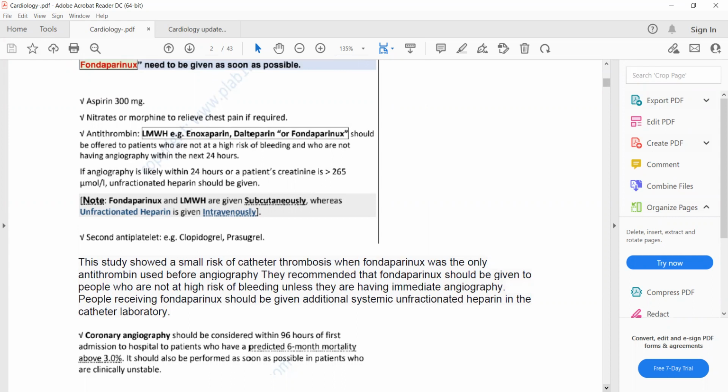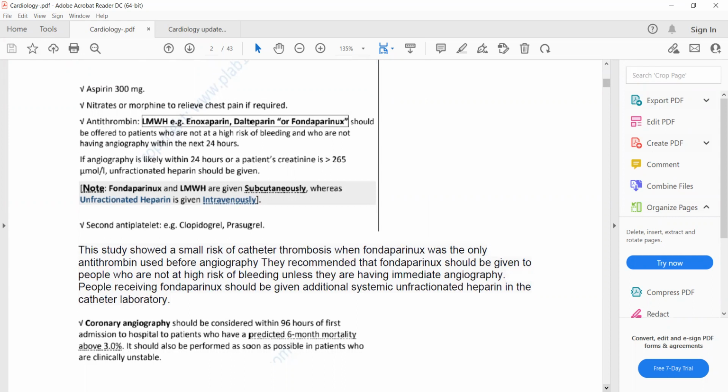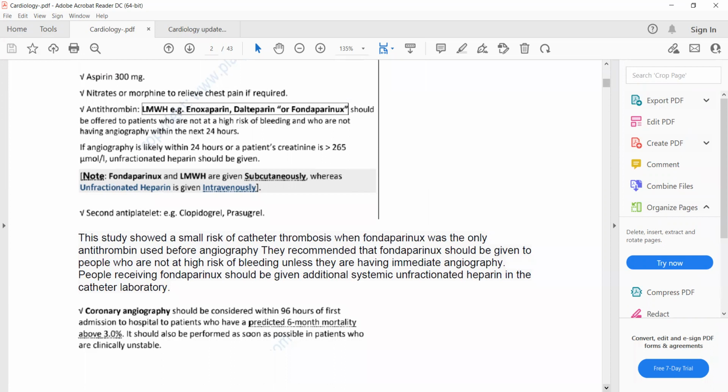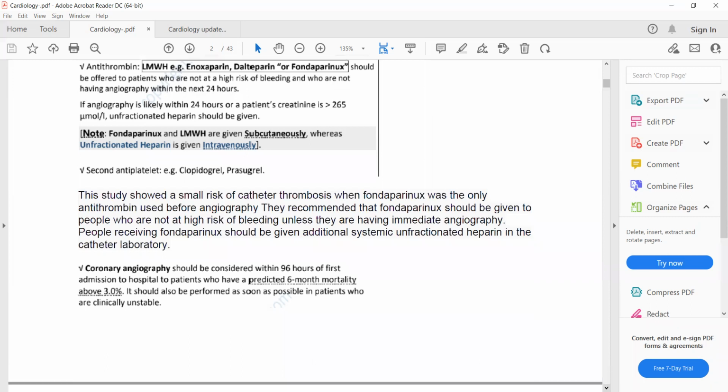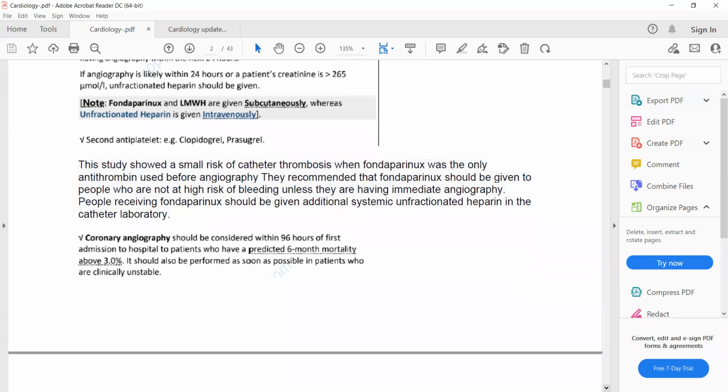Second scenario is that a patient with unstable angina or non-ST elevation MI has a 6-month predicted mortality above 3%. He should undergo angiography within 72 hours after hospital admission. And if the patient is clinically stable, then he can be managed conservatively.